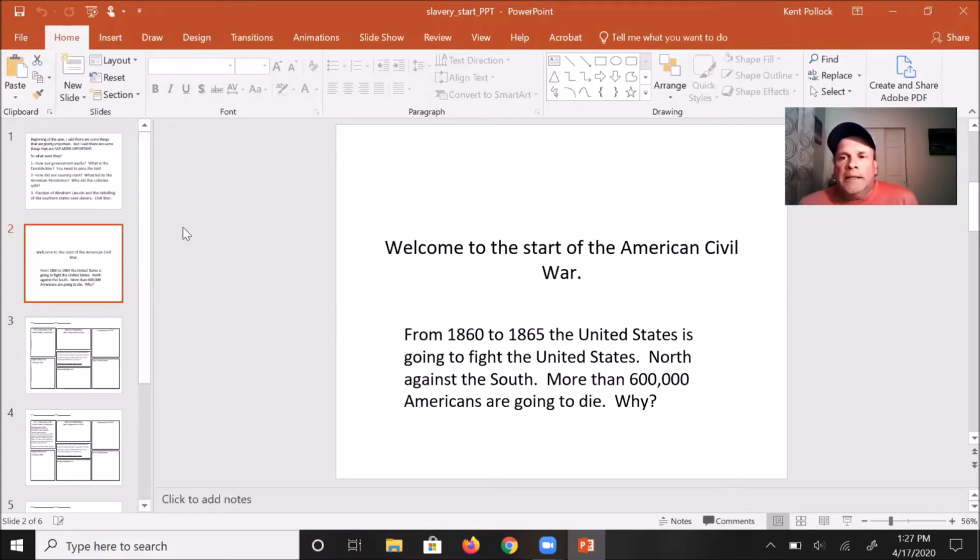When Lincoln gets elected in 1860, and it lasts till about April of 1865, the United States is going to fight the United States. The northern states, which have been free from slavery, are going to fight against the southern states, which still want to continue to have slavery.